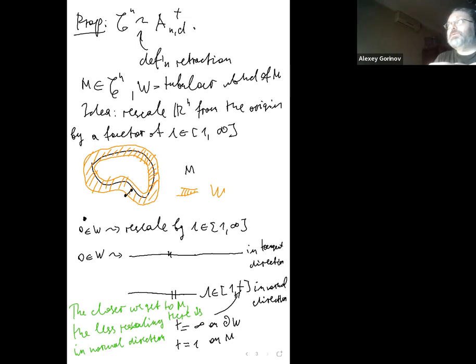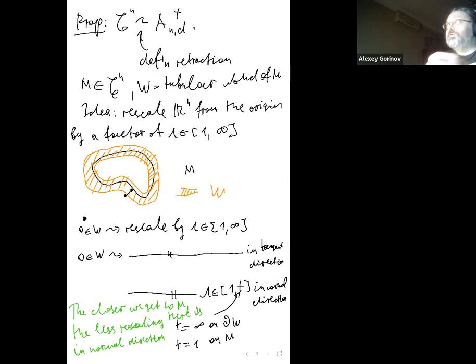What remains of M is something. If the origin does not belong to the tubular neighborhood, then the something is nothing, the empty set.